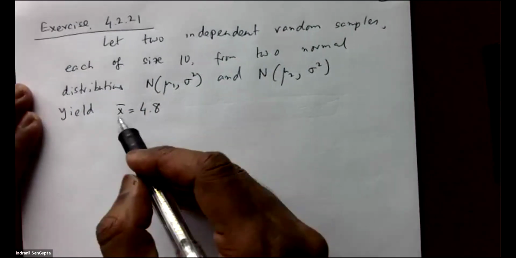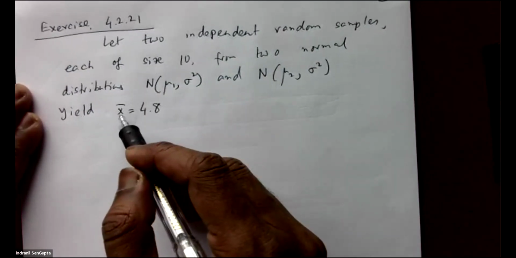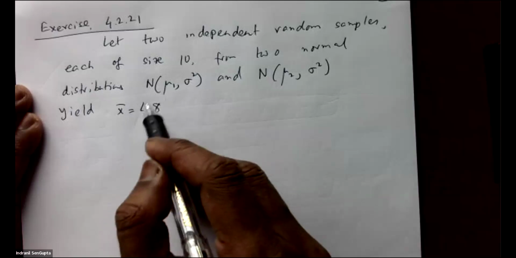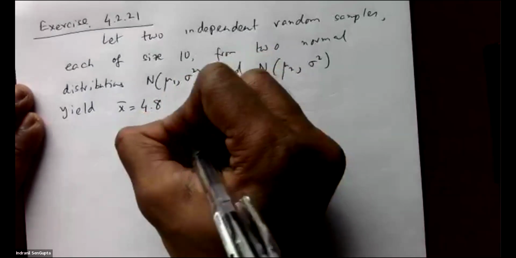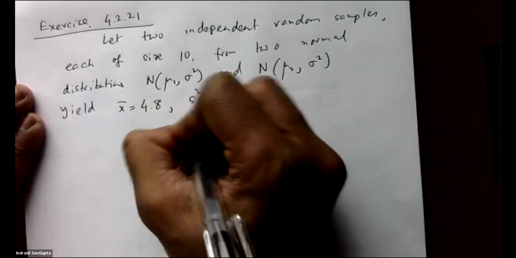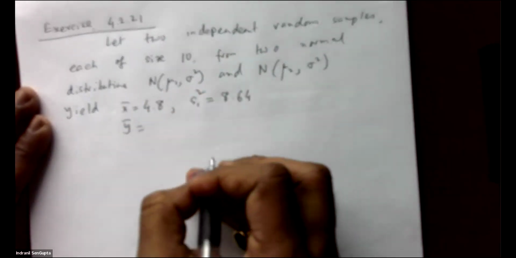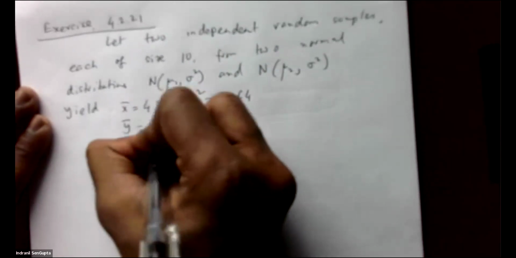So suppose we drew samples of size 10 from two normal distributions, and I found that for those 10 samples, x bar, the sample mean, is 4.8. S1 squared, the sample variance, is 8.64. Y bar is 5.6.